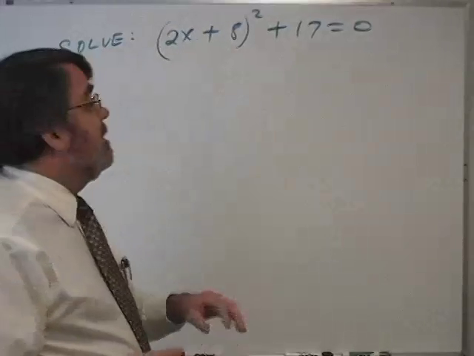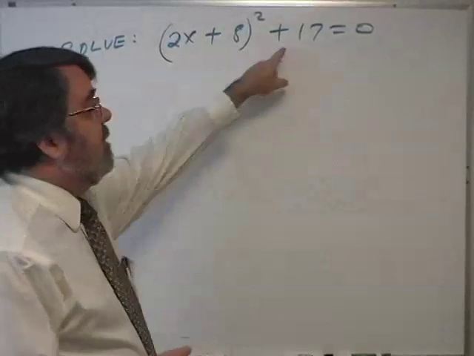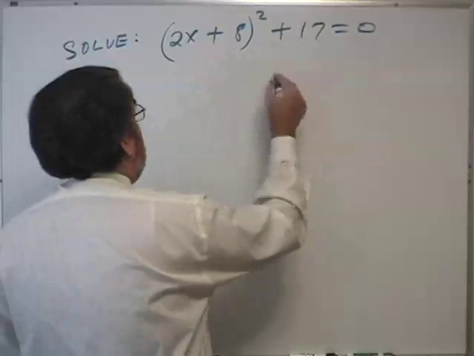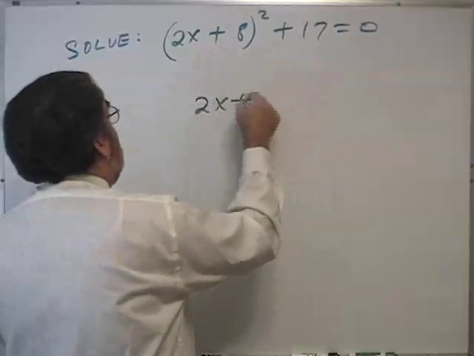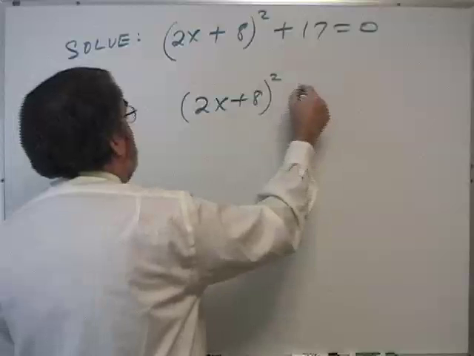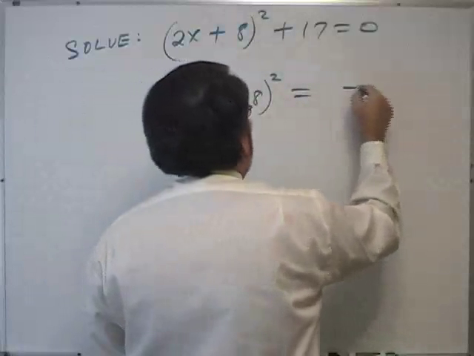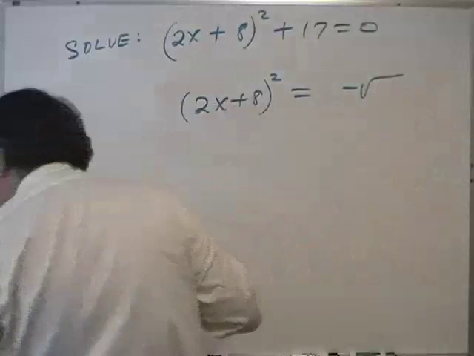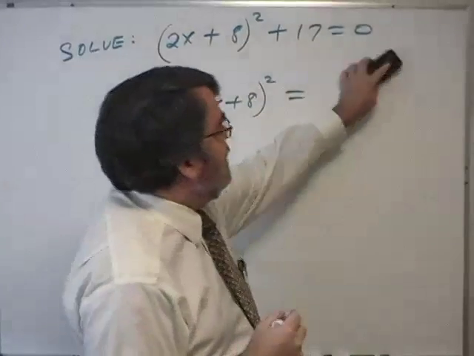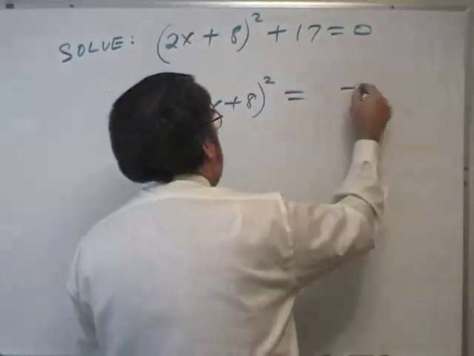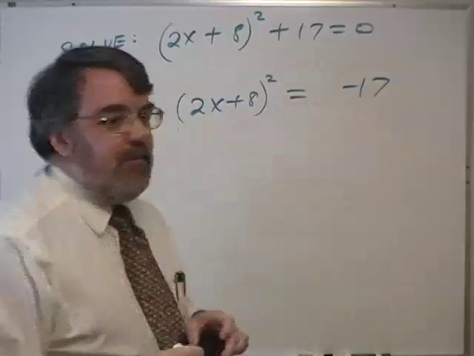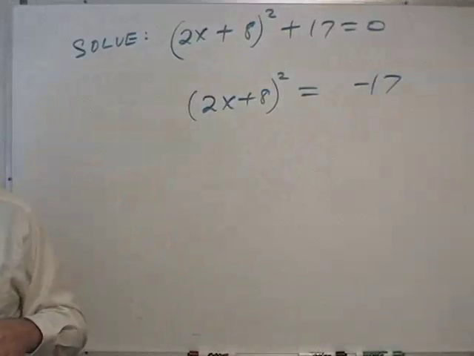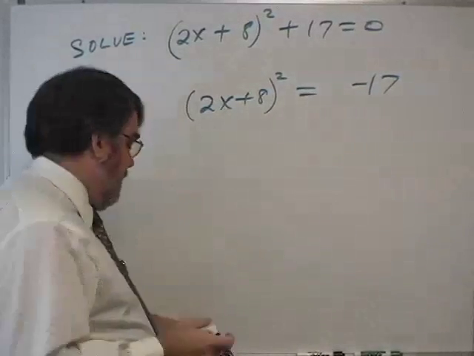Well, by isolating the squared term, I'm going to subtract 17 from both sides. It's just negative 17 on the right side. We have it in the form that's ready for the square root method.